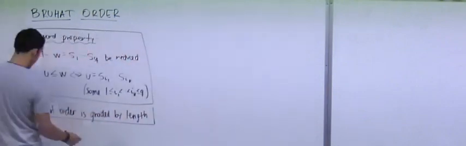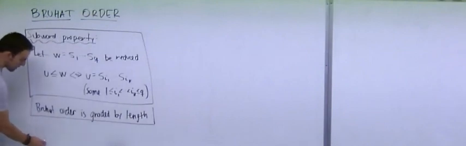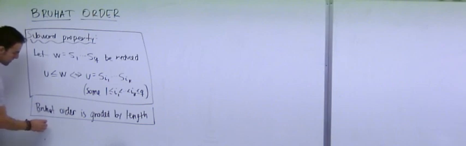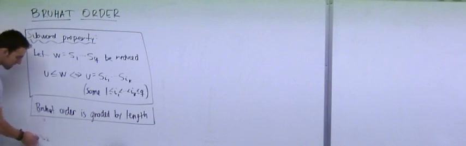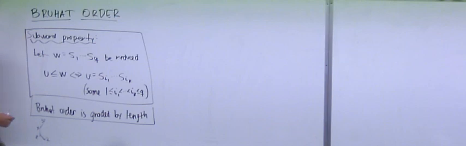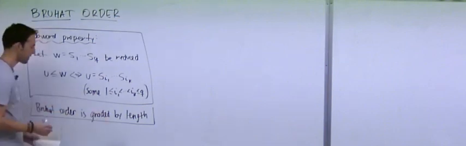What that says is basically if you have an element of your Coxeter group of length 2 less than one of length 5, then you're going to be able to find something of length 2 less than something of length 3 less than something of length 4 less than your thing of length 5. Okay. So that's what I mean when I say graded.